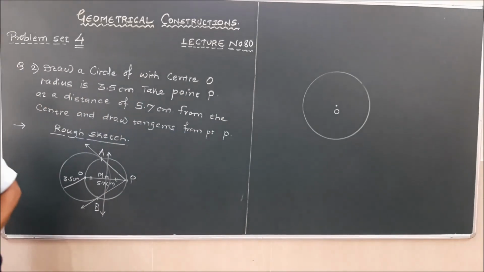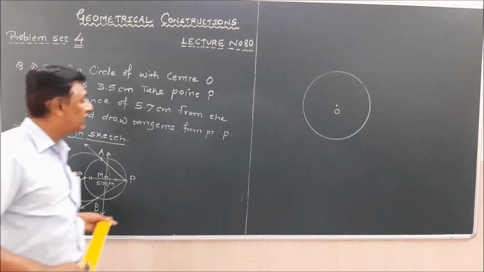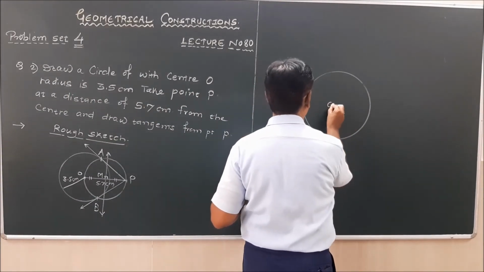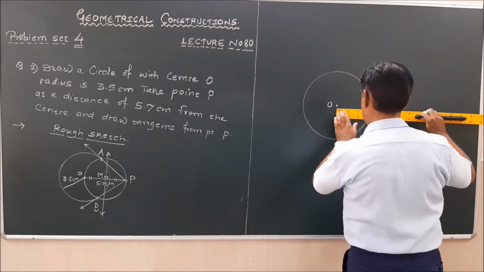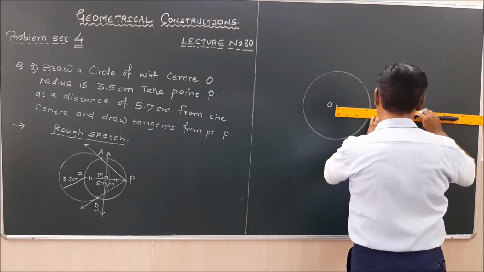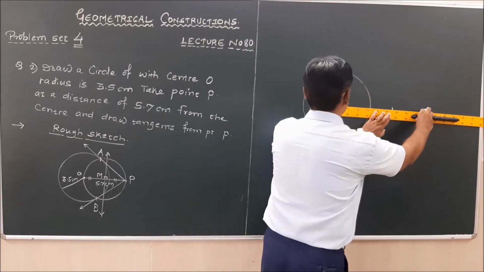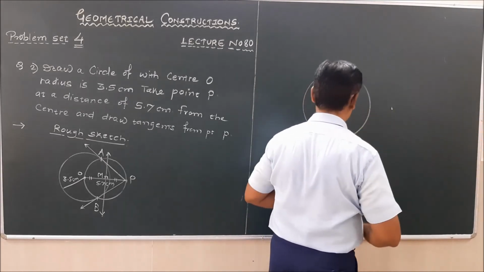After drawing the circle with center O, the next step is to take point P at a distance of 5.7. So please take this point P at a distance of 5.7.